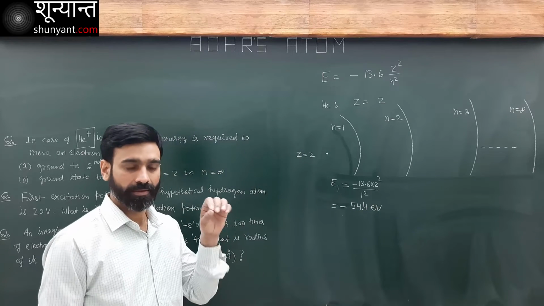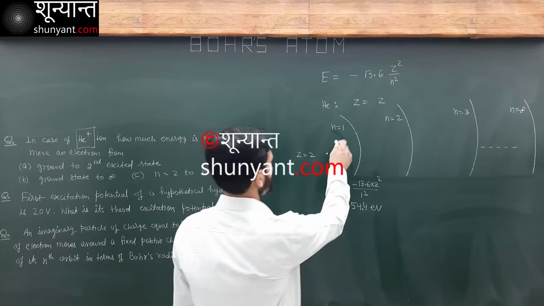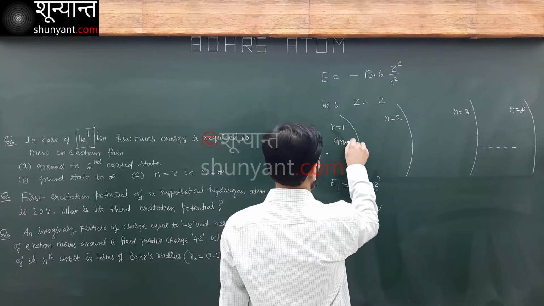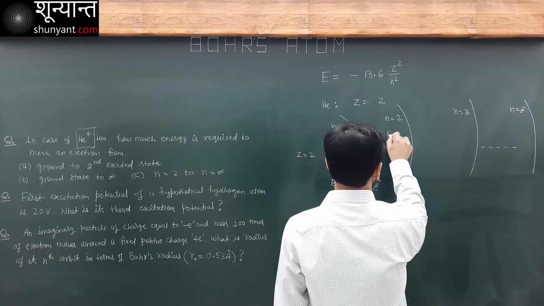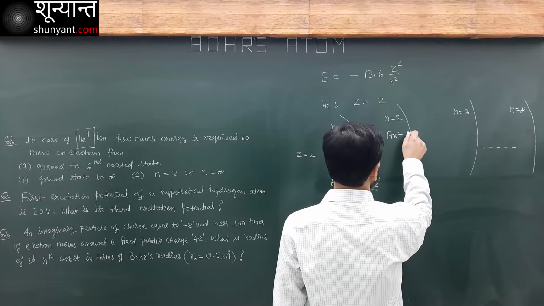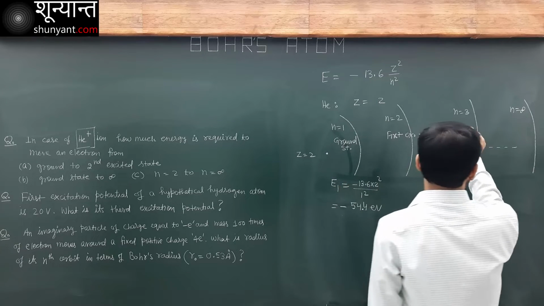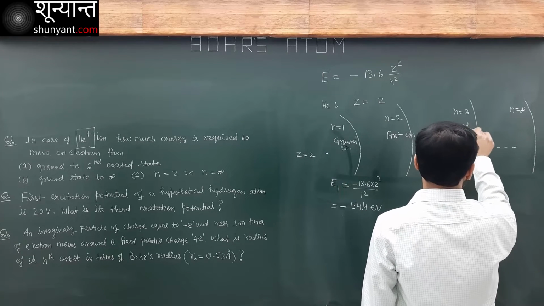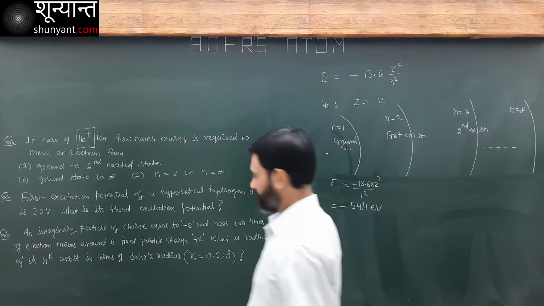This is the energy of helium in the ground state. This is the ground state. This is the first excited state. This is the second excited state.